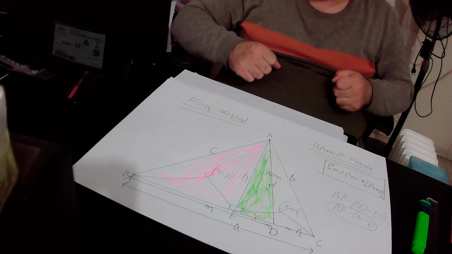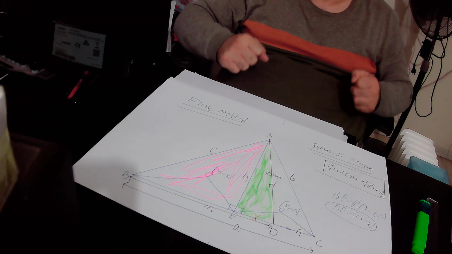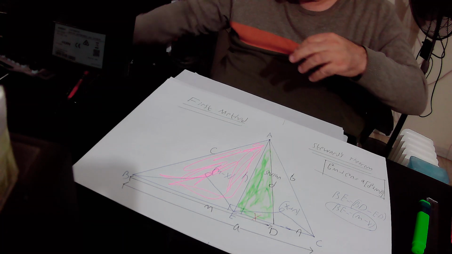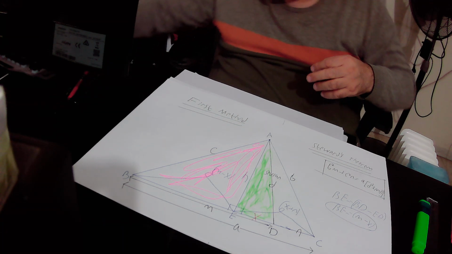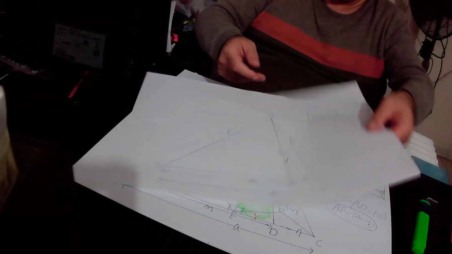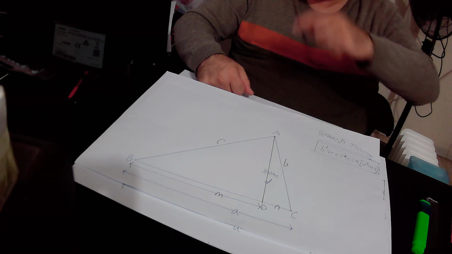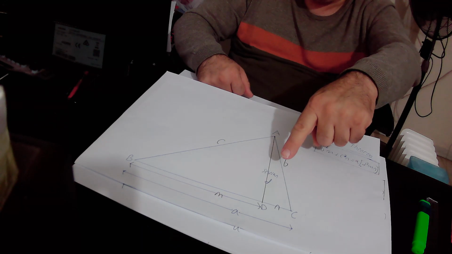In a nutshell, Stewart's theorem yields a relation between the lengths of the sides in a triangle to the length of its cevian.